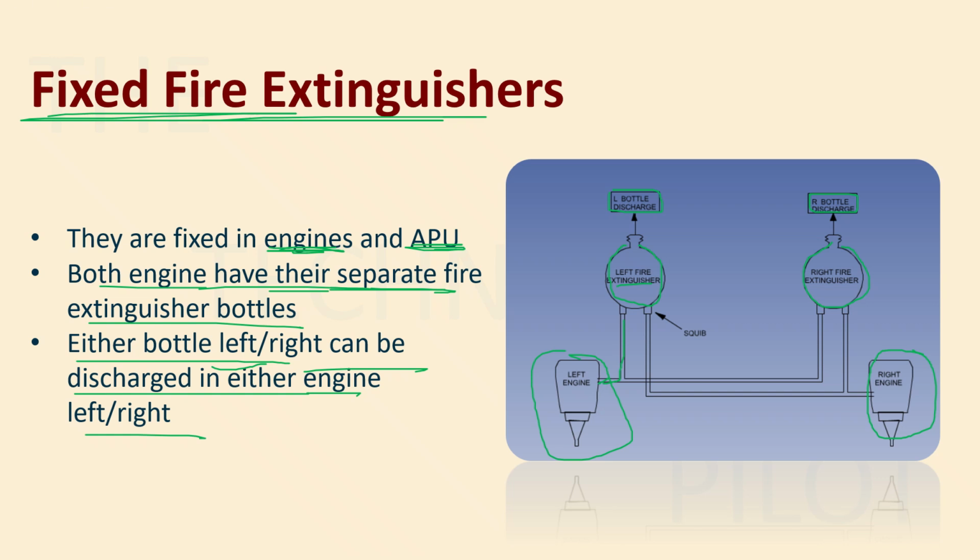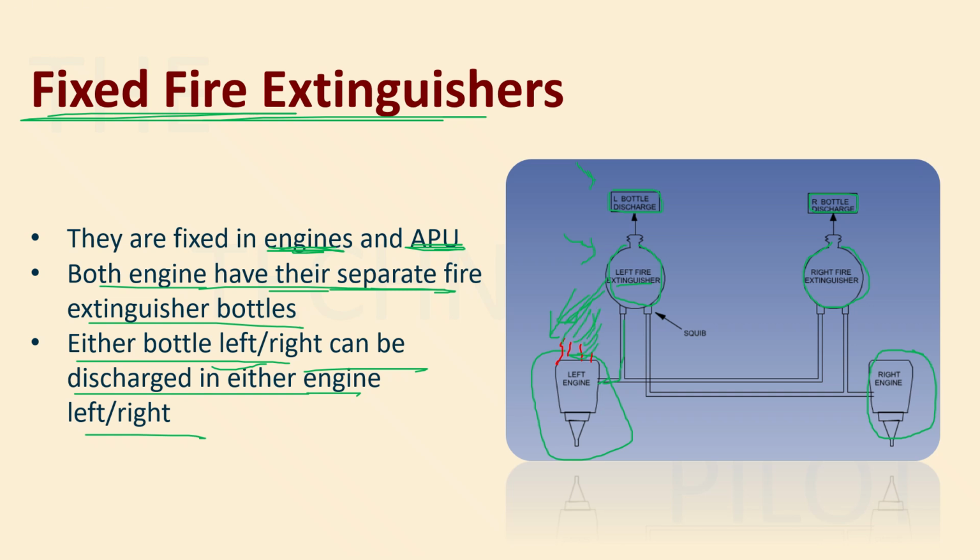It does not matter that the left bottle will discharge only in the left engine. If there is, for example, a fire in the left engine, you try to extinguish the fire with the help of the left extinguisher. You press this button and the extinguisher will extinguish this fire.